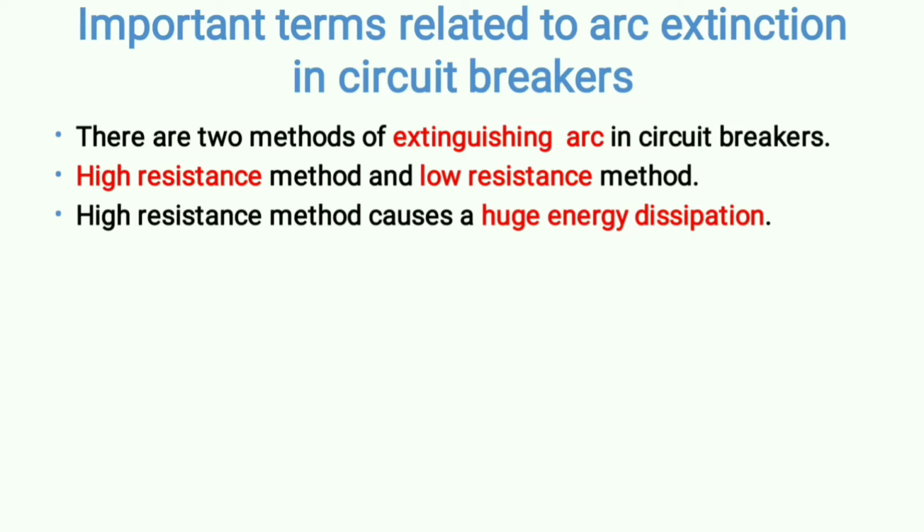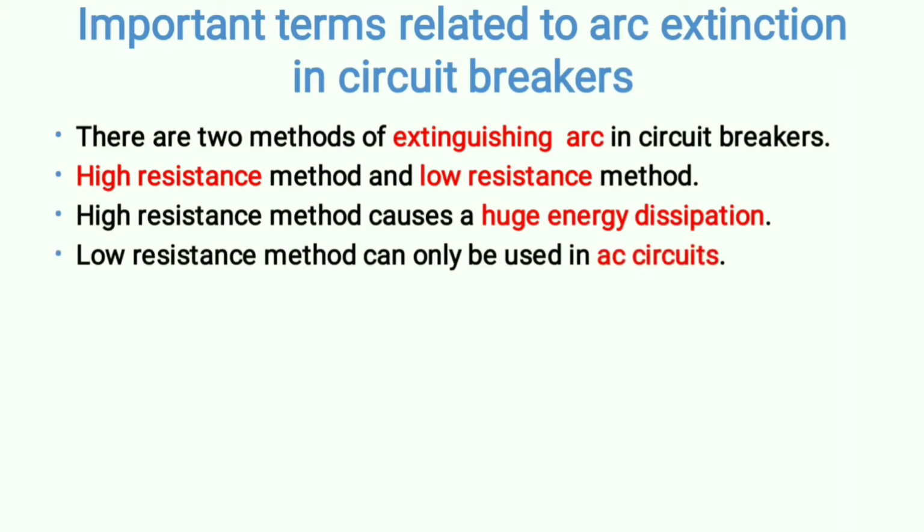That is why this method is normally avoided for high voltage or high rated circuit breakers. For low rated circuit breakers, DC circuit breakers or low rated AC circuit breakers, this method can be used, but for high rated AC circuit breakers we use the low resistance method, which can only be used in AC circuits because of its working principle.